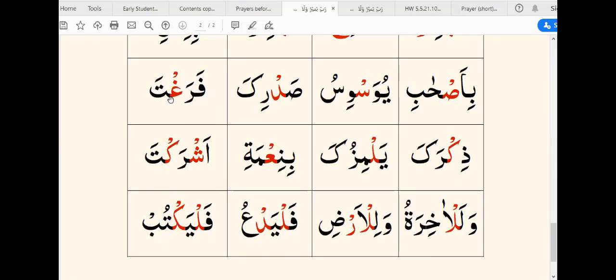Faragta. Let's do it one more time. Fa. Faragta. Let's join together. Faragta. Well done. MashaAllah. Very well read.